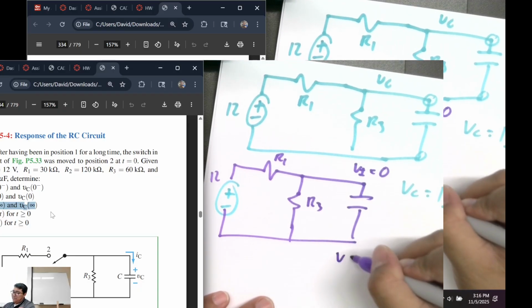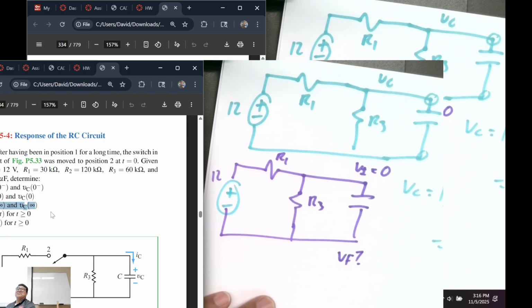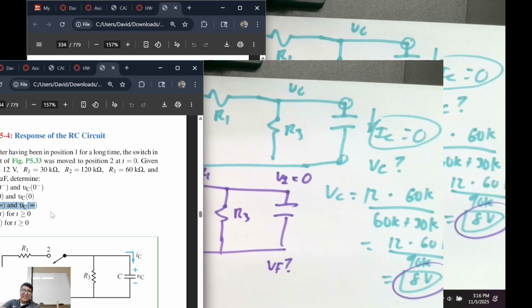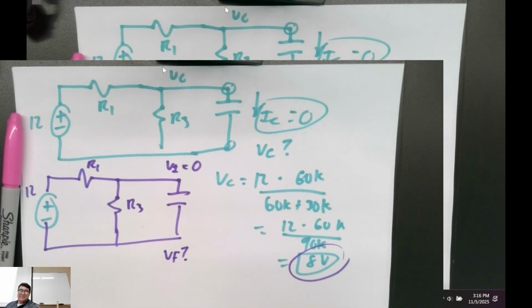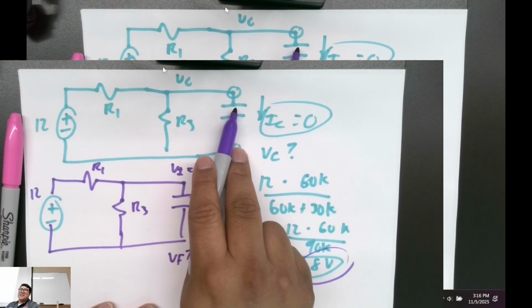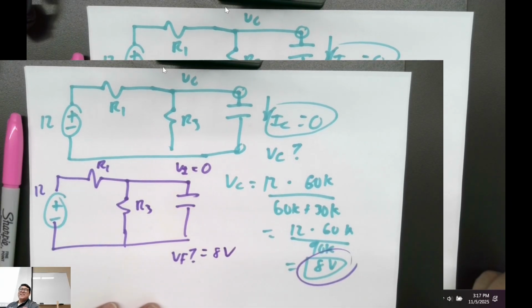What's our final voltage? 8, right? Oh, no, I can't see that, but yeah. Oh, let me, don't like this. There we go. We just said after this is closed, that's going to be 8 volts, right? Is that good with everybody?